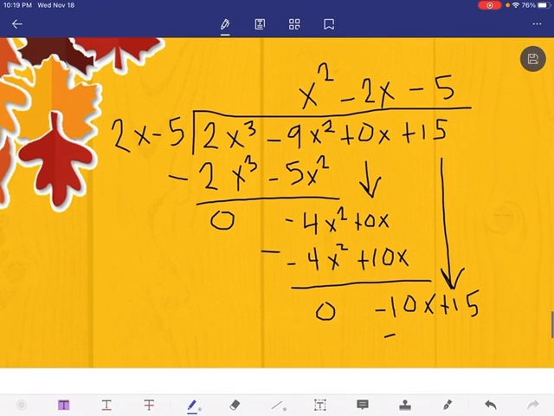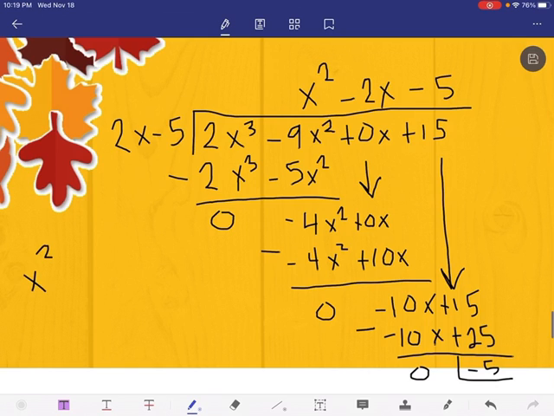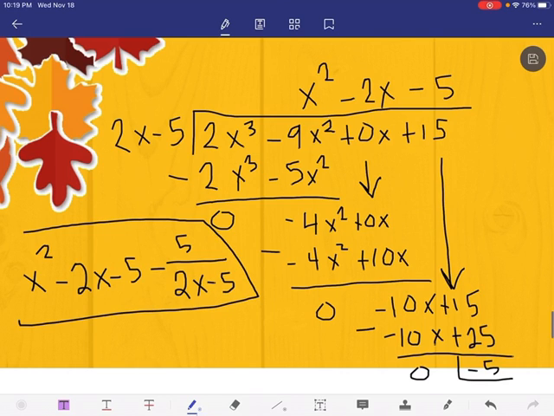So we get negative 10x plus 25, which gives us negative 5 as our remainder. So our answer is going to be x squared minus 2x minus 5 divided by that original divisor. And that's going to be our final answer.